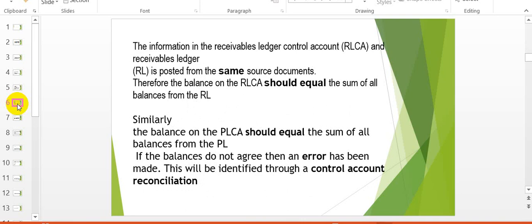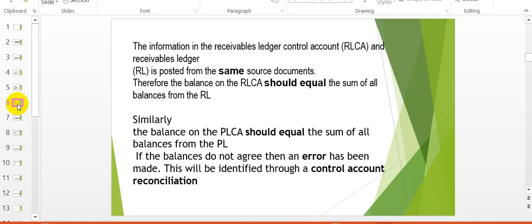The information in the receivable ledger control account and the receivable ledger is posted from the same source document. So therefore these two accounts should balance as long as there are no errors. Similarly, the balance on the payable ledger control account should also balance with the payable ledger.